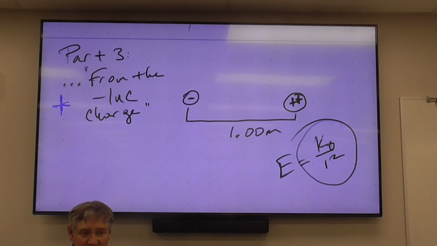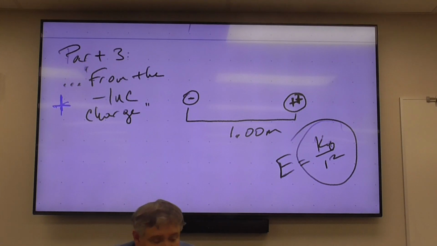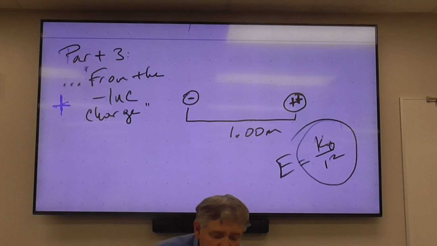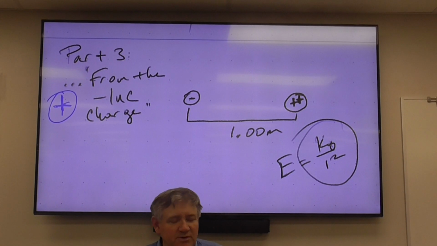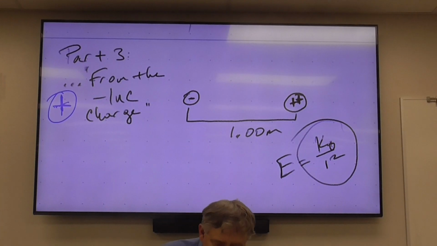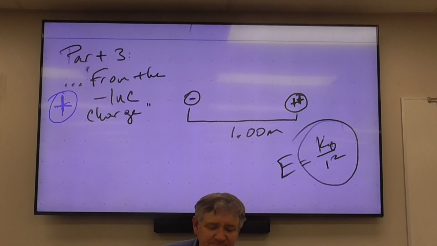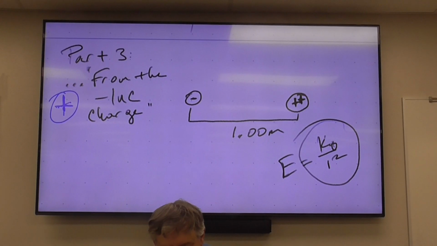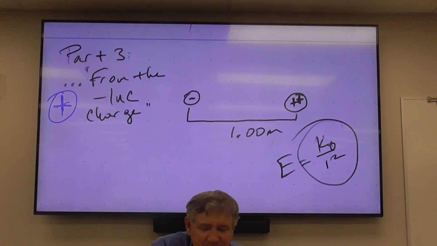Now, here's what you're going to try and find. And this is basically an algebra problem. You want to find the distance. It's funny, when you write test questions or questions on a lab, you don't think you need to clarify because you wrote the question and think you know exactly what's going on. So what I'm telling you to find is calculate the distance, if it exists, at which the electric field will drop to zero.